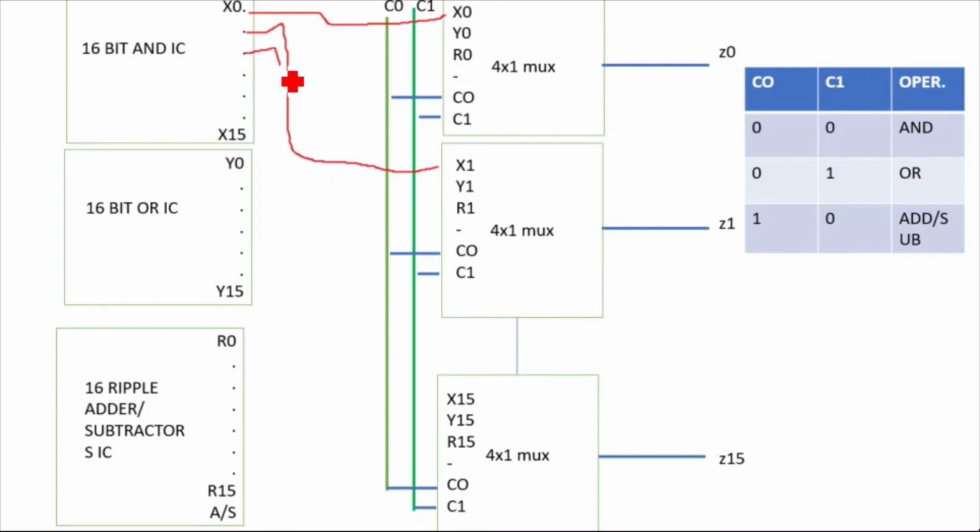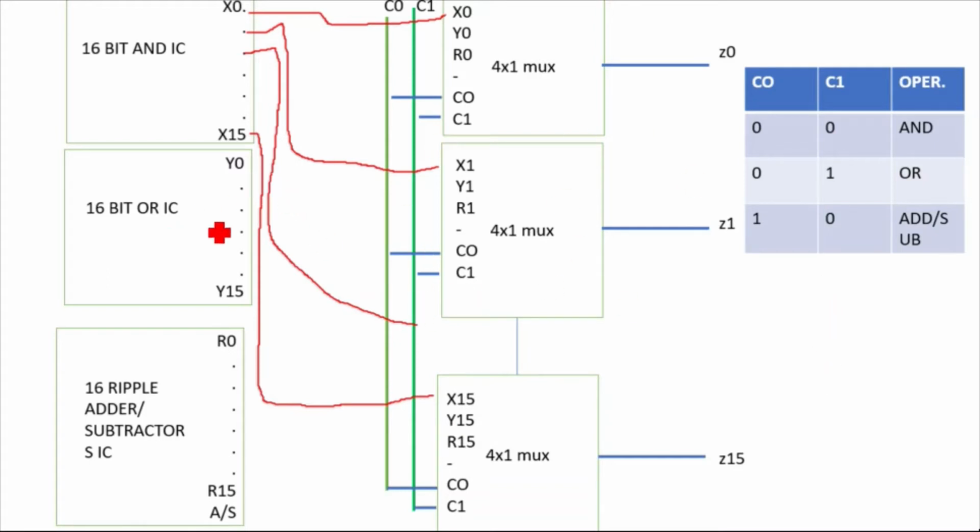Now this is connected to the third mux, and X15 will be connected to the X15 like this. So when C0 and C1 are 0, 0, X0 to X15 will appear at the output, so your AND operation will be performed.